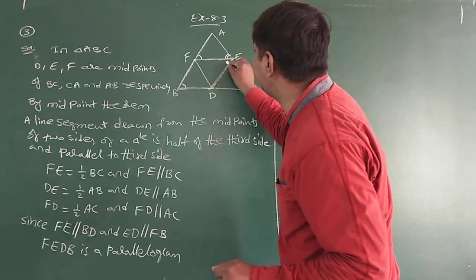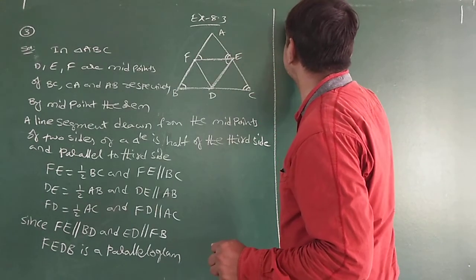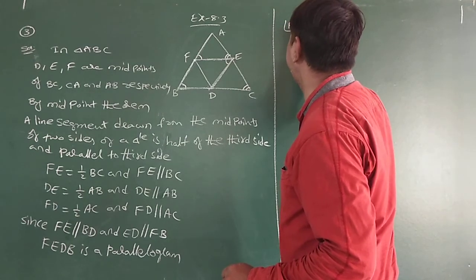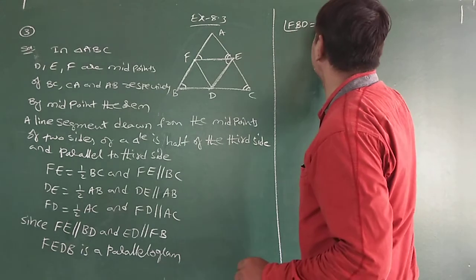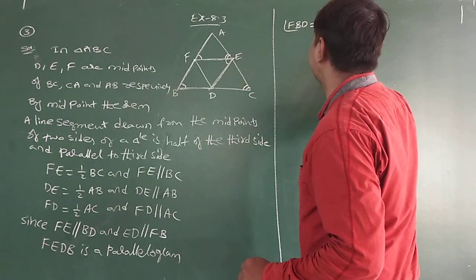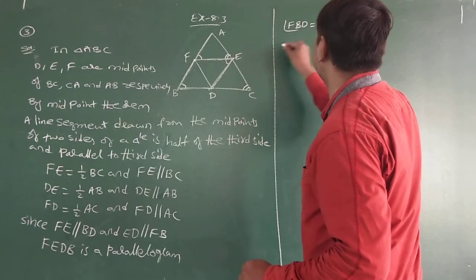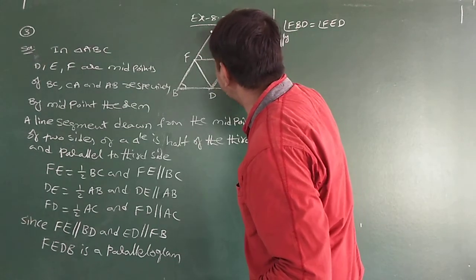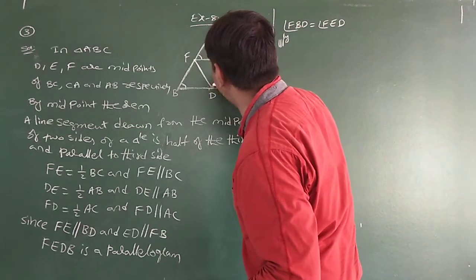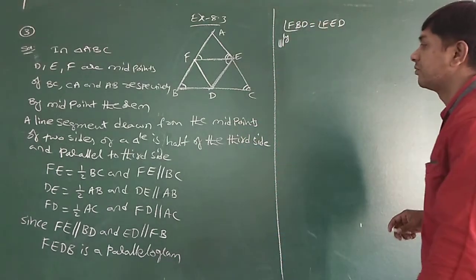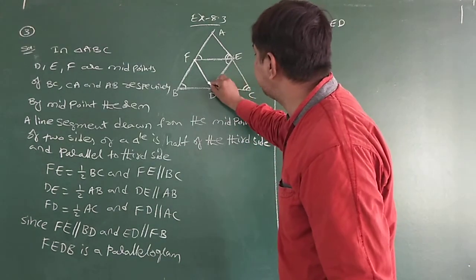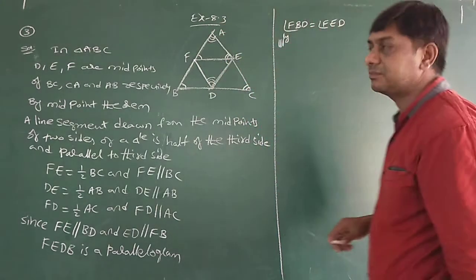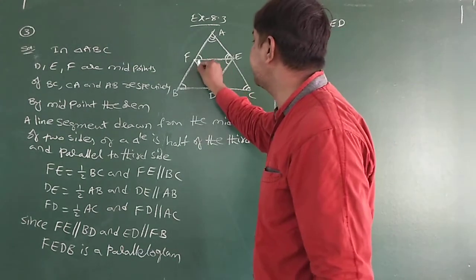In a parallelogram, opposite angles are equal. Angle FBD is equal to angle FED. Similarly, this is parallel to this one and this is parallel to this one, so this angle is equal to this angle and this angle is equal to this angle.